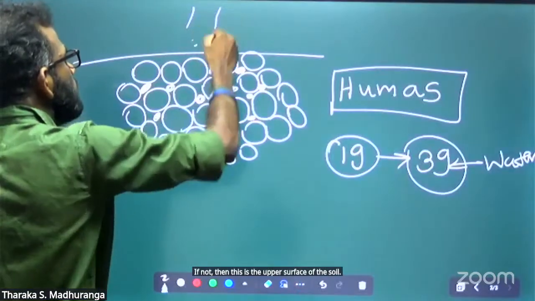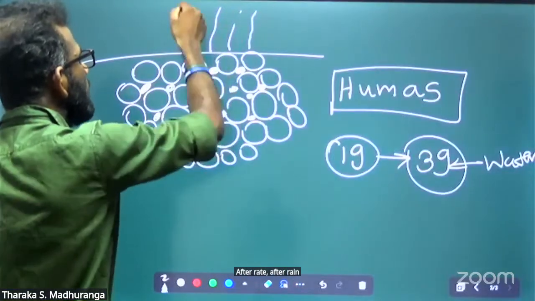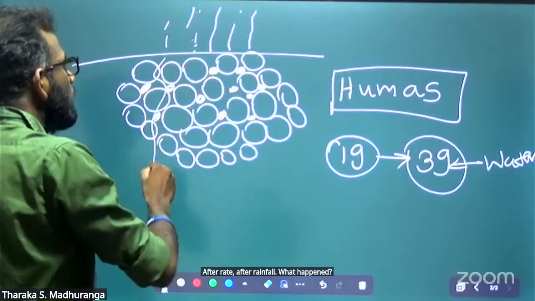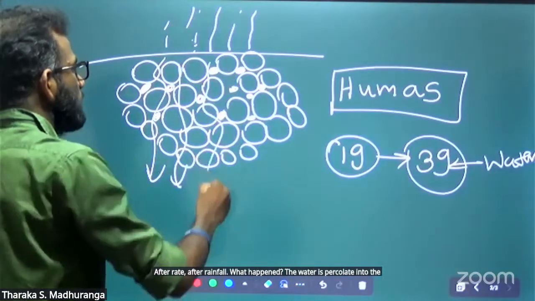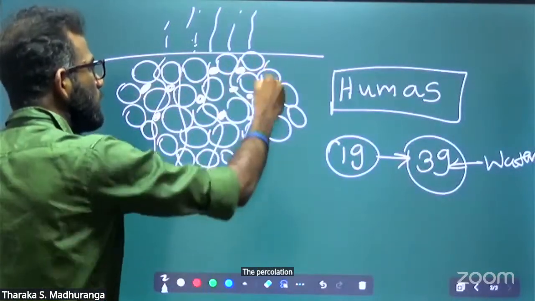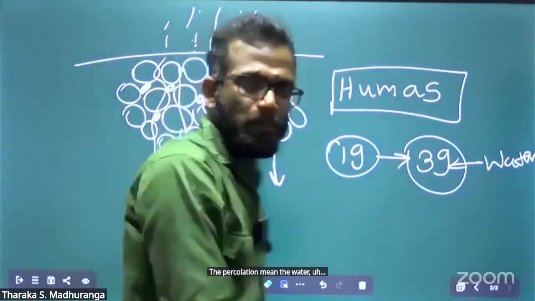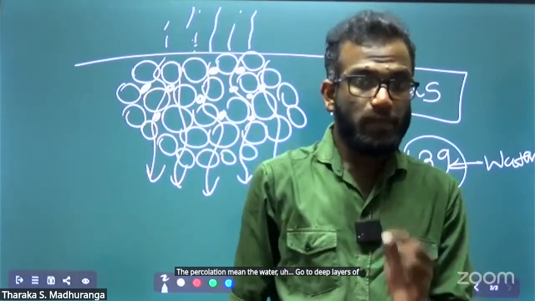After rainfall, what happens? The water is percolating to the ground layer. Percolation means the water goes to deep layers of the soil. That's the meaning of percolation.